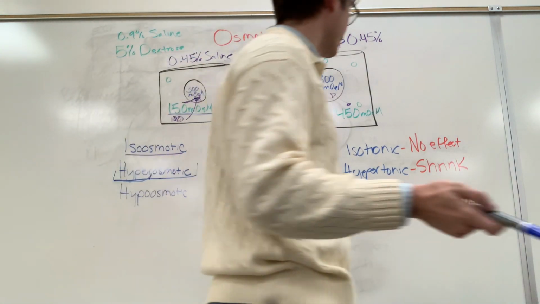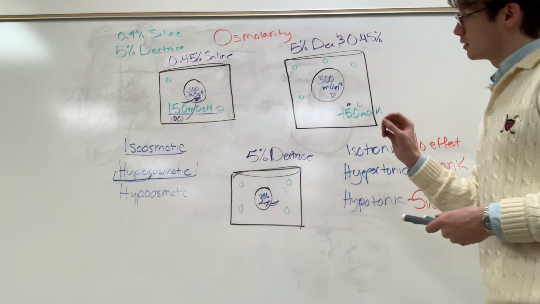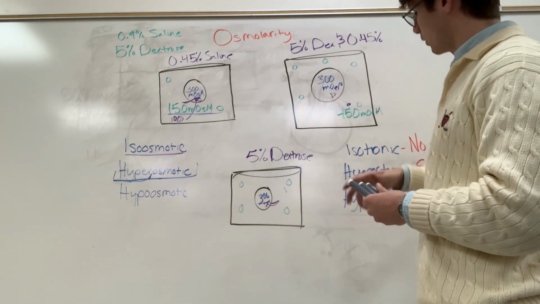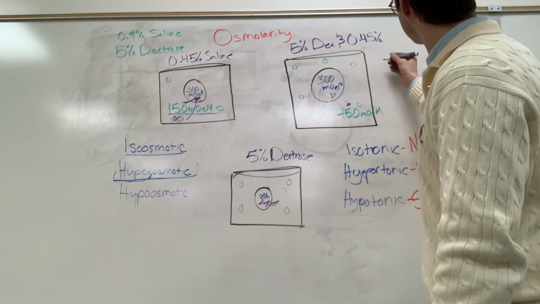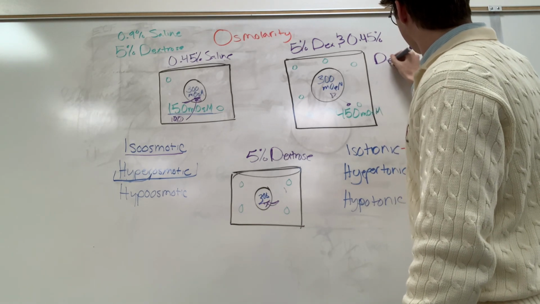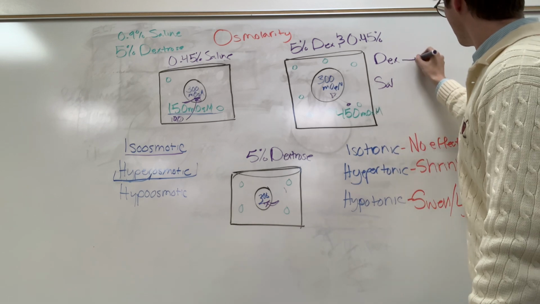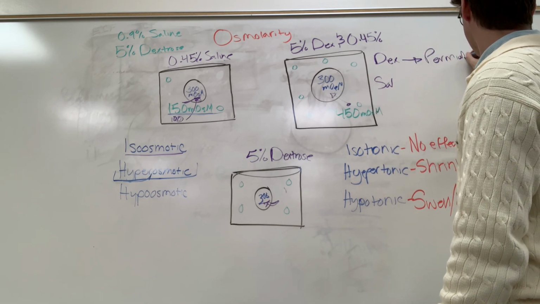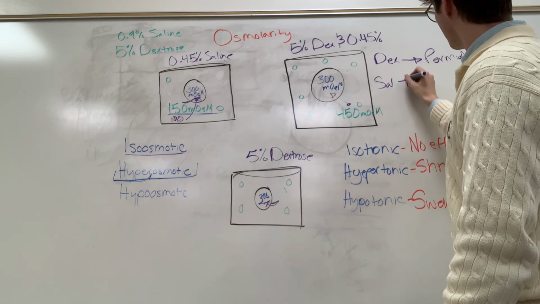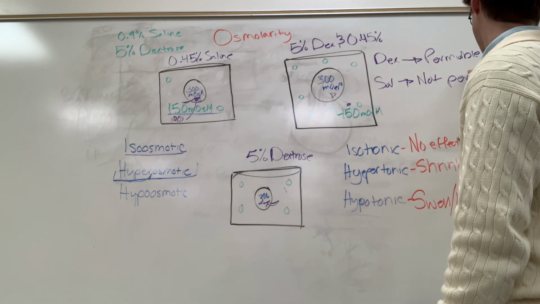What effect is this going to have on the cell though? That's what we need to think about. Well, what two solutions do we have here? We have the dextrose, and then we have the saline. Well, the dextrose we know is permeable, and the saline we know is not permeable.